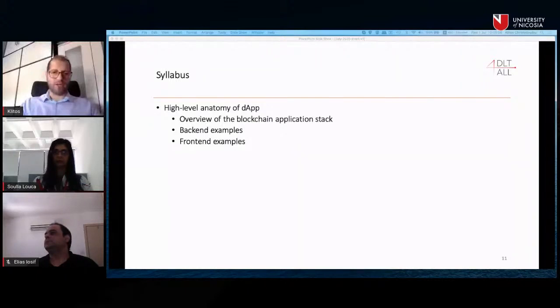And of course, at the top of this technology, the application layer, which is the actual layer that is being used by the actual user. This is mostly the technology stack that we will be delivering, but also showing and illustrating this with various examples on the front end, but also on the back end.